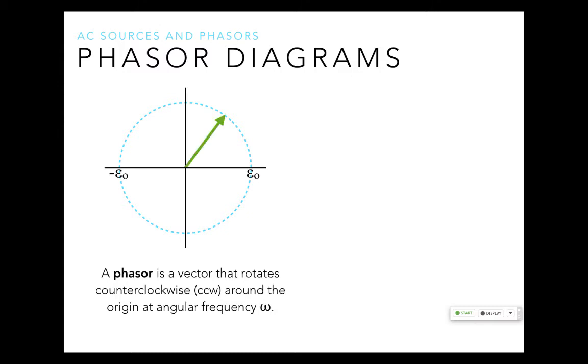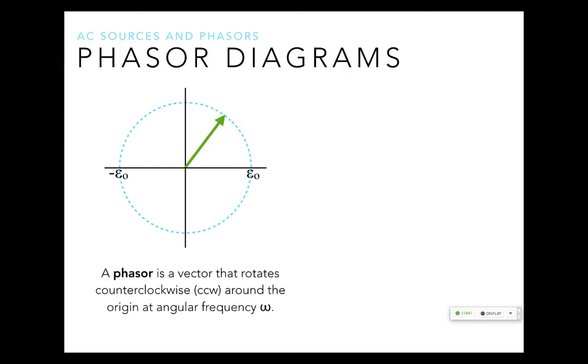So for instance, here's our phasor. You can see it maps out on the circle, so the magnitude of the phasor stays the same. What is this angle from here to here? What's it going to be? Not specifically 45. How do you get that from the previous slide?